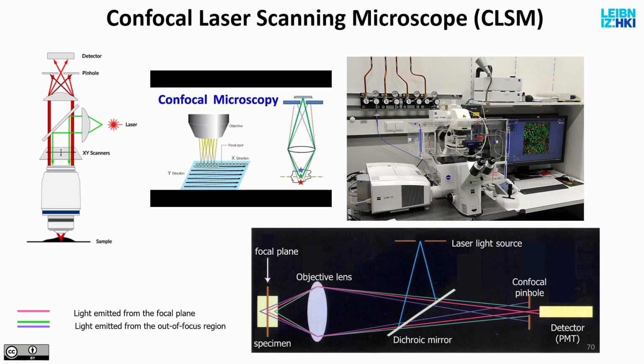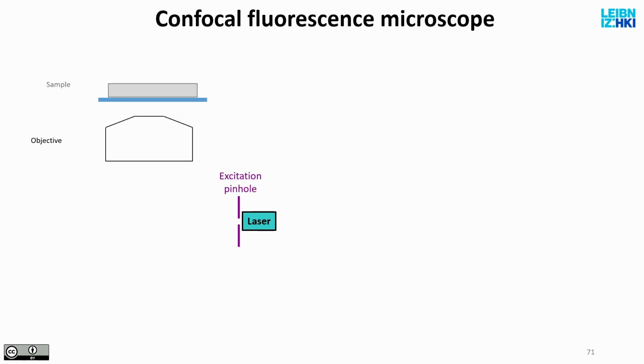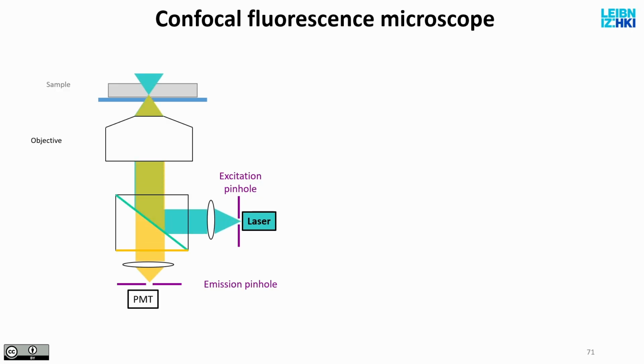So this means that in such a confocal microscope, I have the illumination source, I have the detector, but I also have to have the so-called scanner. Now, if I position this pinhole and then I scan my sample in the XY direction, I get an image of the sample in my focal plane.